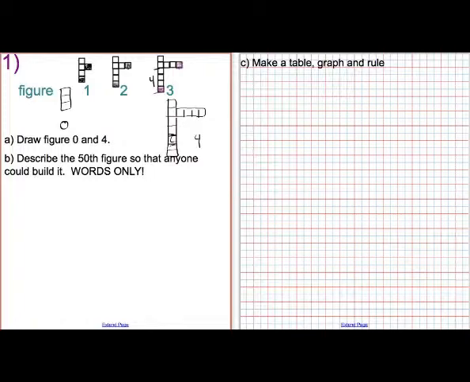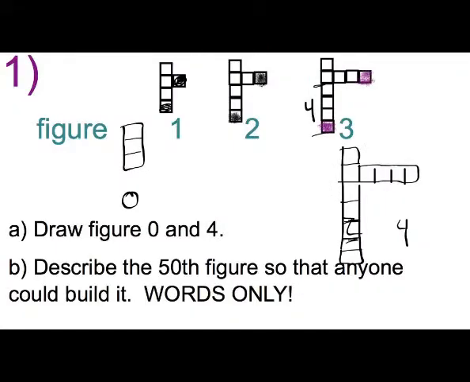Now, describing the 50th figure in words that anyone could build it. This is really important because we don't want just numbers, and we don't want to draw a picture. Let's see if we can describe what this would look like with words only. What's important here is thinking about how long each of the sides are.